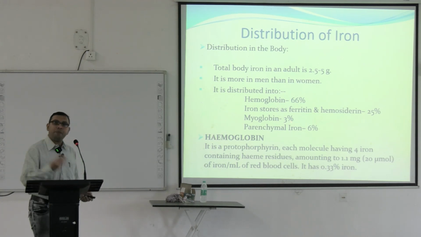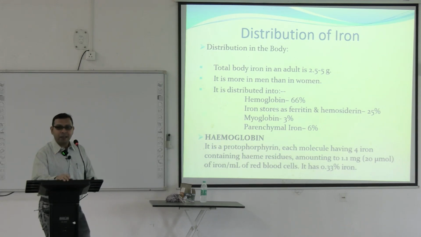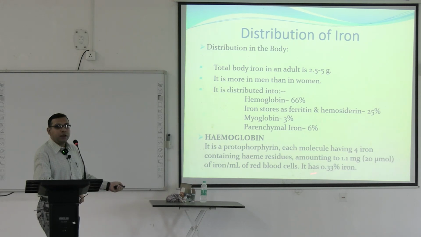Parenchymal iron, that is iron present within the cells, needed for the development of different types of enzymes, 6%. Hemoglobin is basically a protoporphyrin, each molecule having 4 iron-containing heme residues, amounting to approximately 1.1 milligram of iron per ml, and it has 0.33% iron.